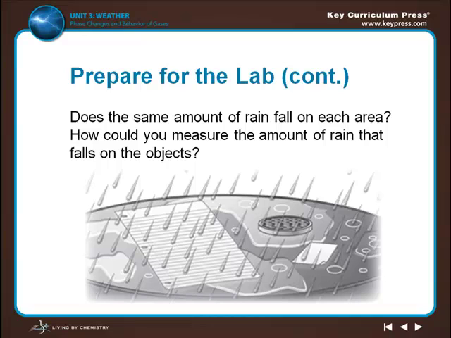So if we apply this to different objects, which of these two objects has the greatest area where rain can get in? Over here. So if this one has the greatest area where rain can come in, and we have these two objects outside, the rain comes in this one more.